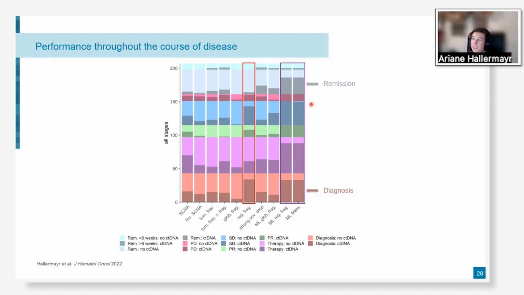However, in case of the machine learning classifiers, when looking up here at the samples collected from patients in remission, specifically the first 6 weeks within remission, there were still high ctDNA predictions that disappeared more than 6 weeks post-treatment, to a range that might also be correlated with the clinic.